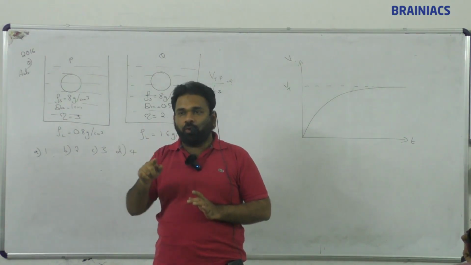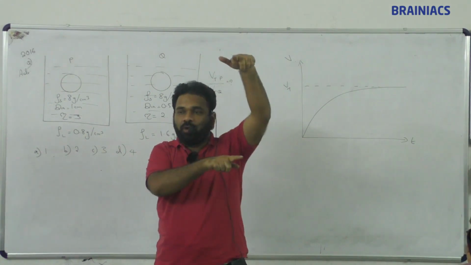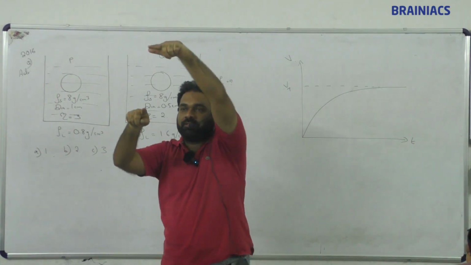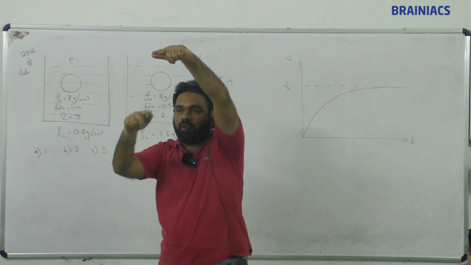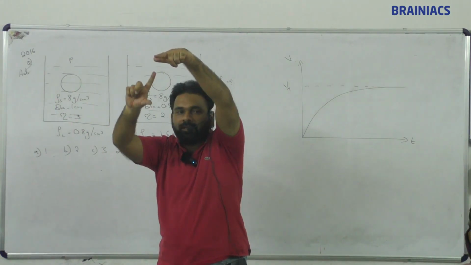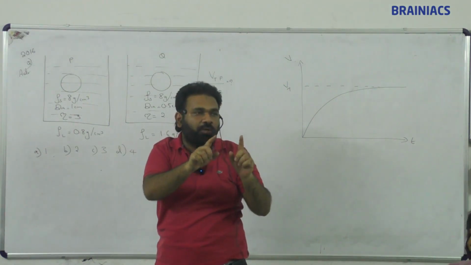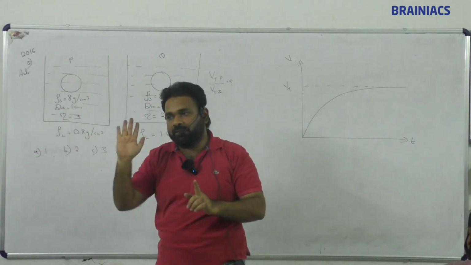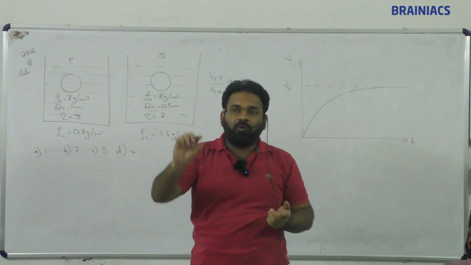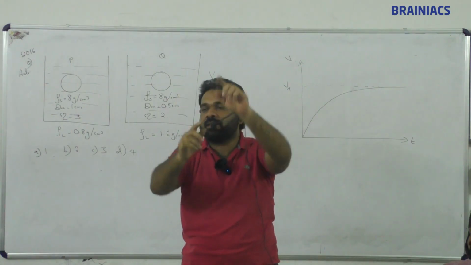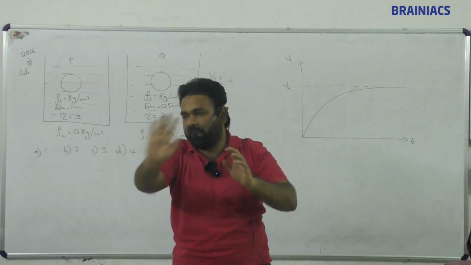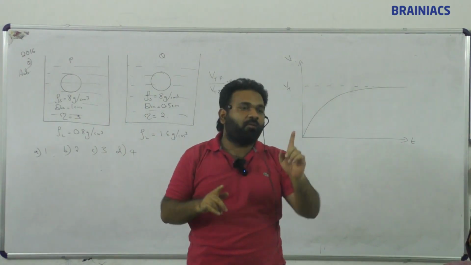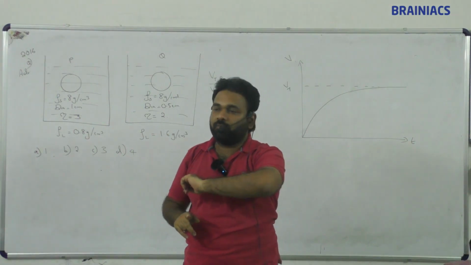Root of 4 into capital H minus small h, this height, from the hole, how much to the top? That height. So root of 4 into capital H minus small h into h. That is the range. Where is the maximum range? When we keep the orifice exactly at the middle of the total height. Clear?